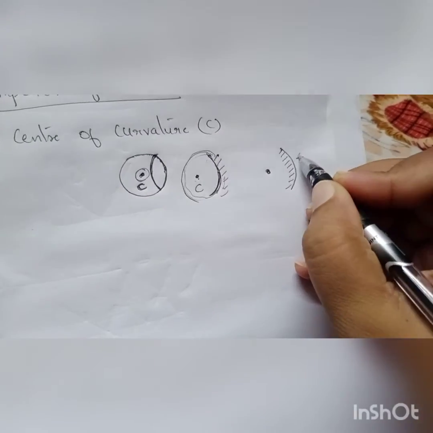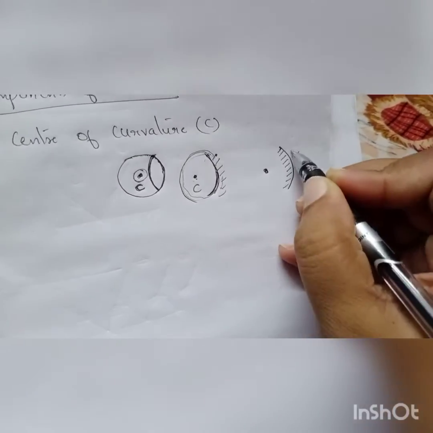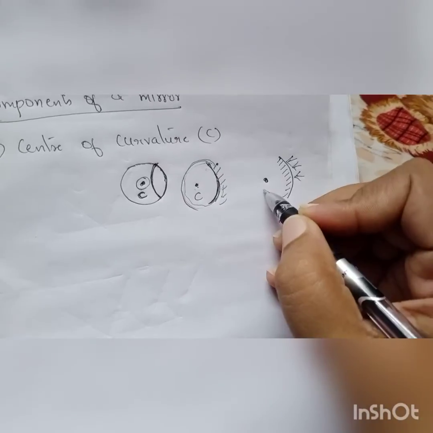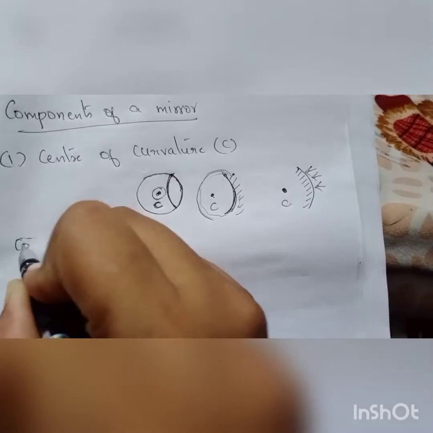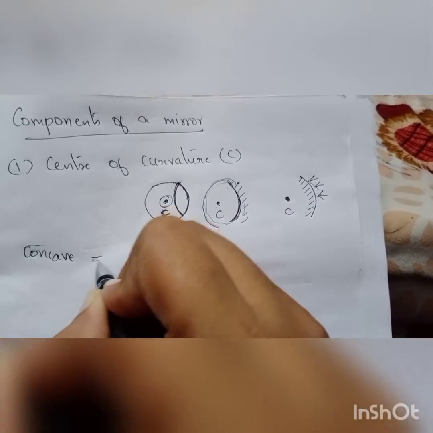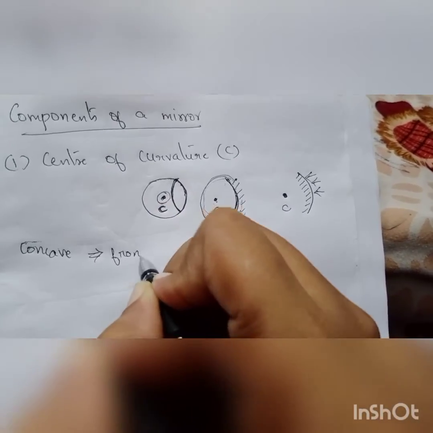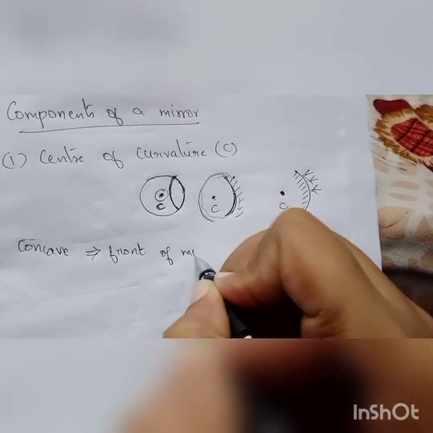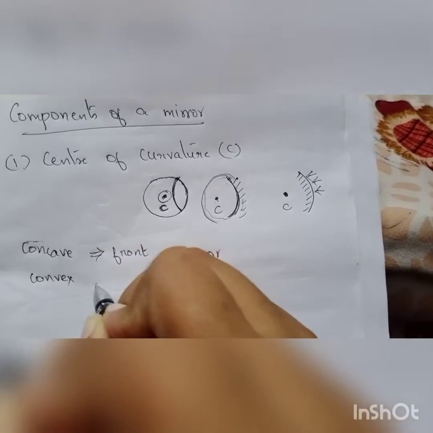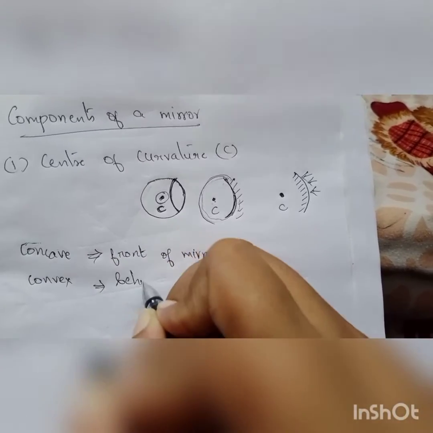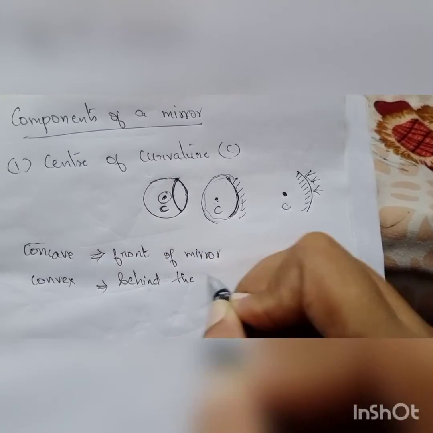So for a concave mirror, the center of curvature is in front of the mirror, and for a convex mirror, it is behind the mirror.